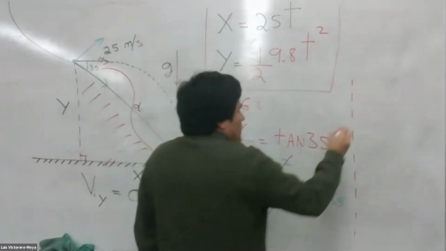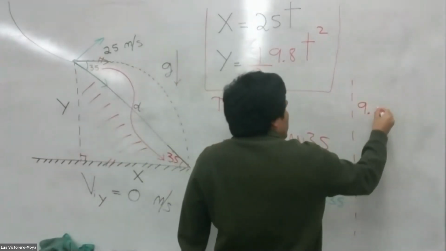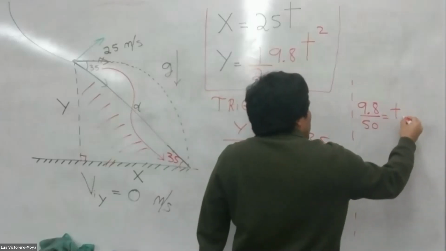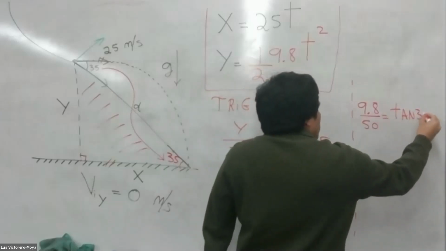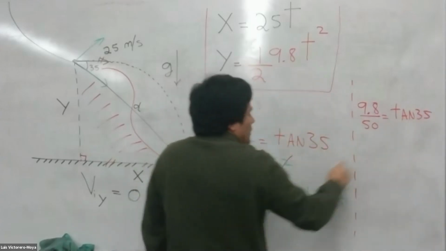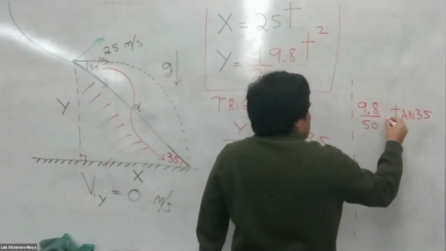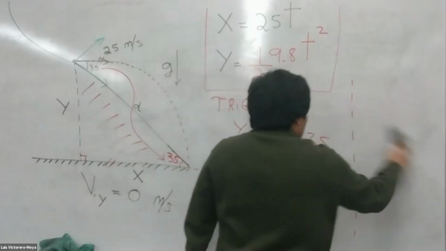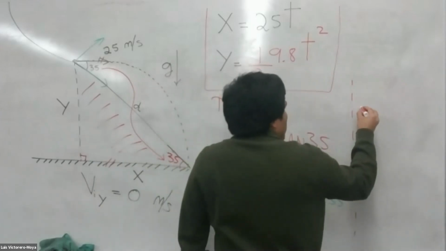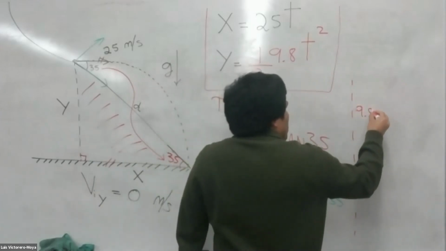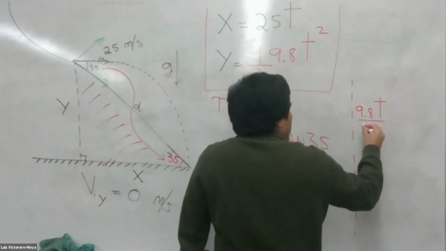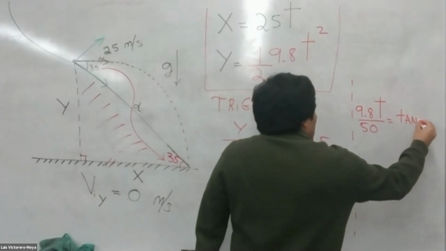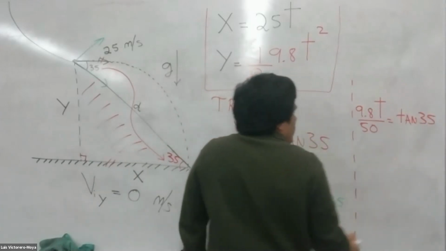You get 9.8 times time, sorry, divided by 50 equals the tangent of 35.